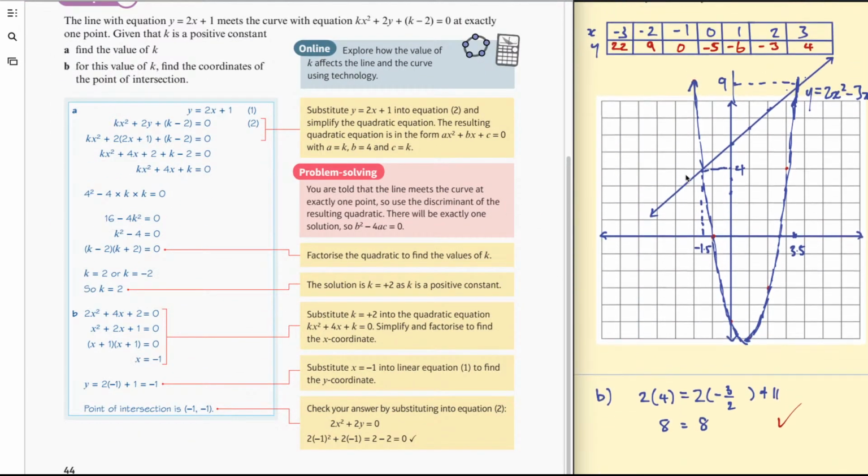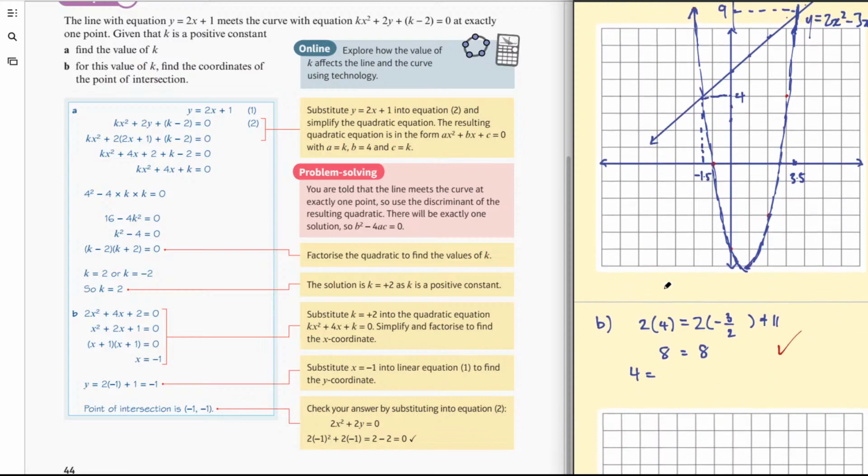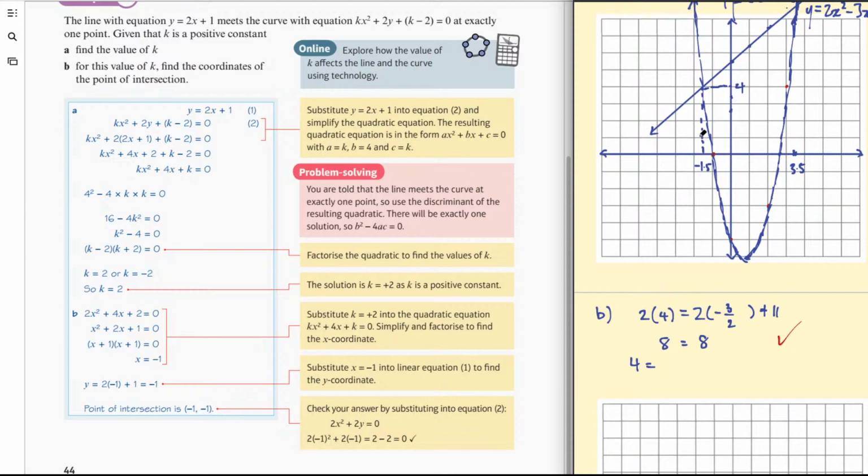So plugging those 2 points into the quadratic, y equal to 4, x equal to -3 on 2, we would have 2 times -3 on 2 all squared, take 3 times -3 on 2, take 5.